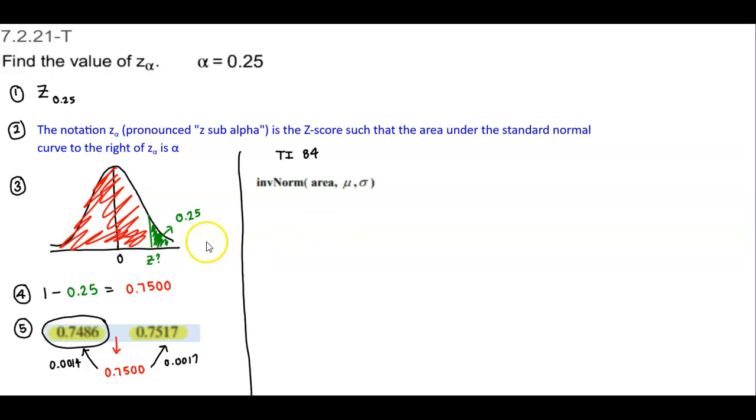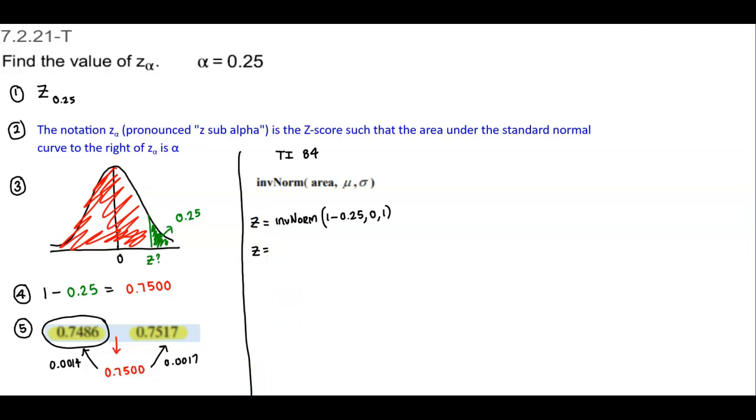We want to find the z-score with the area that's to the left. Since we want it to the left, we take 1 and subtract the area to the right, which is 0.25, with a mean of 0 and a standard deviation of 1.